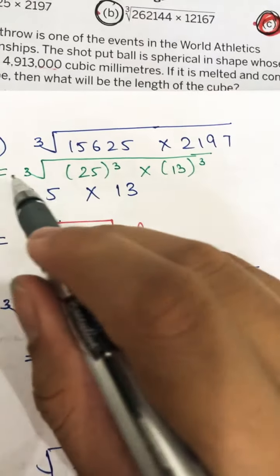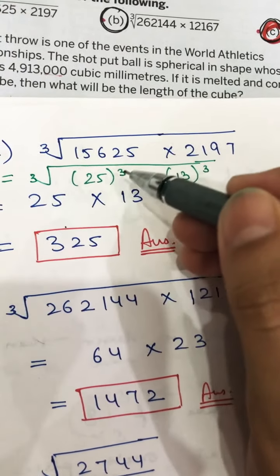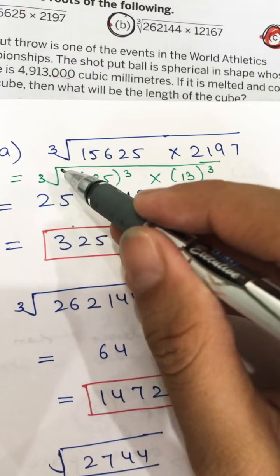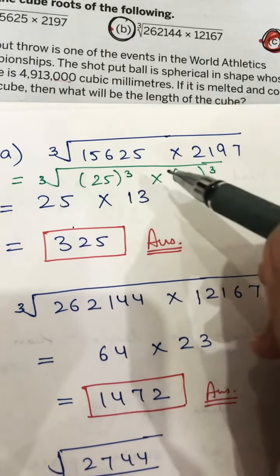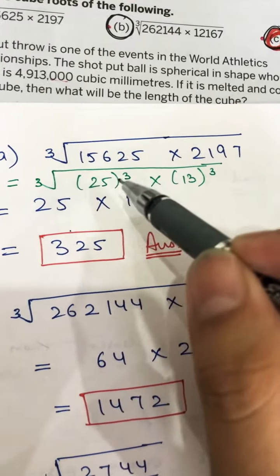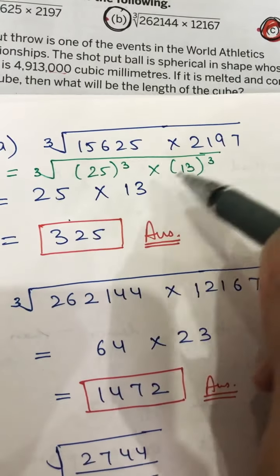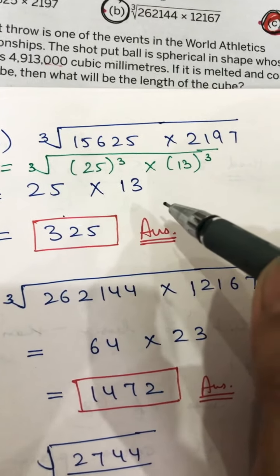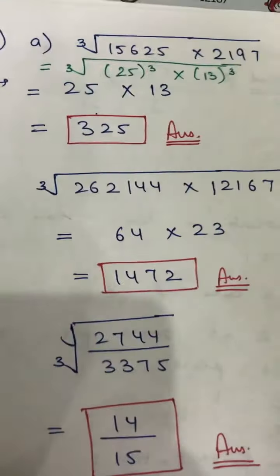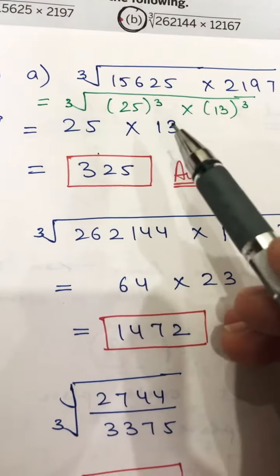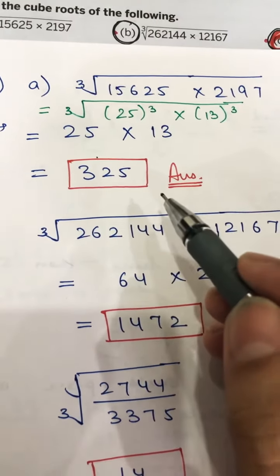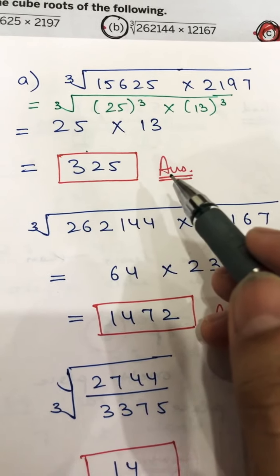Here is a cube root, so when you open it, the cubes will cancel with the cube root. So what is left? Only 25 multiplied by 13. It is equal to 325. So this is your answer.